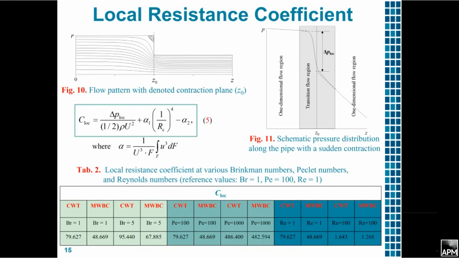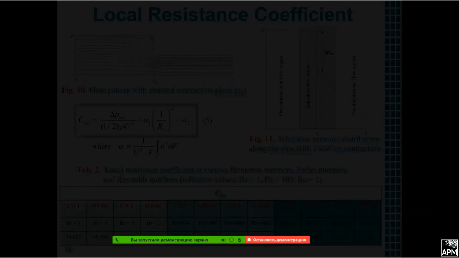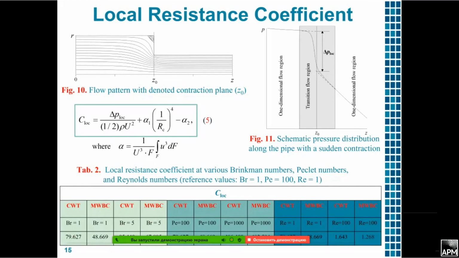And the last but not the least, let's consider local resistance coefficient. It is well known that when the real fluid flows through the pipe with sudden contraction or expansion, there are two types of energy losses. The first type is the friction energy losses, which is due to viscous dissipation. And the second type is the local energy losses, which is due to the sudden changes in the pipe geometry. So we are interested in the second type of energy losses.